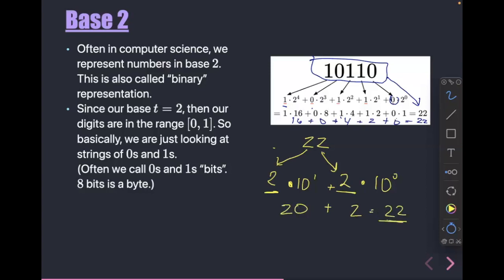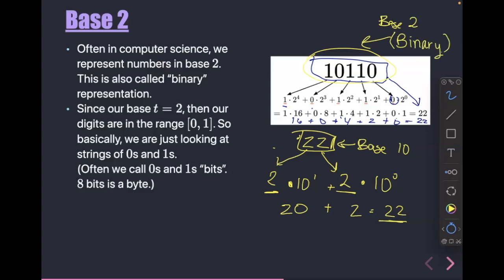So this is the base 10, because it's the digits of this formula. And then this here is the base 2, or the binary. And so these are the same number. These are equivalent numbers, right?